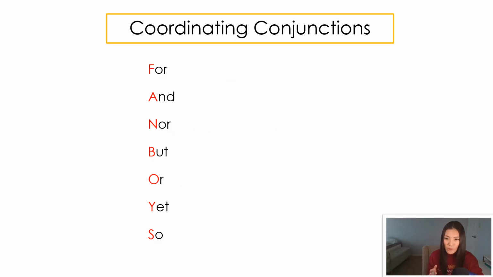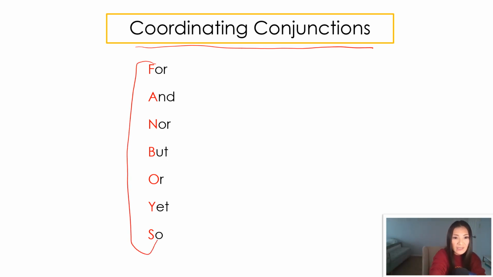So like I said, we use words like and, or, so, or but between the two independent clauses in a compound sentence. Those words are called coordinating conjunctions, and we have 7 of them in English. An easy way to remember the 7 is these red letters right here. It spells FANBOYS.